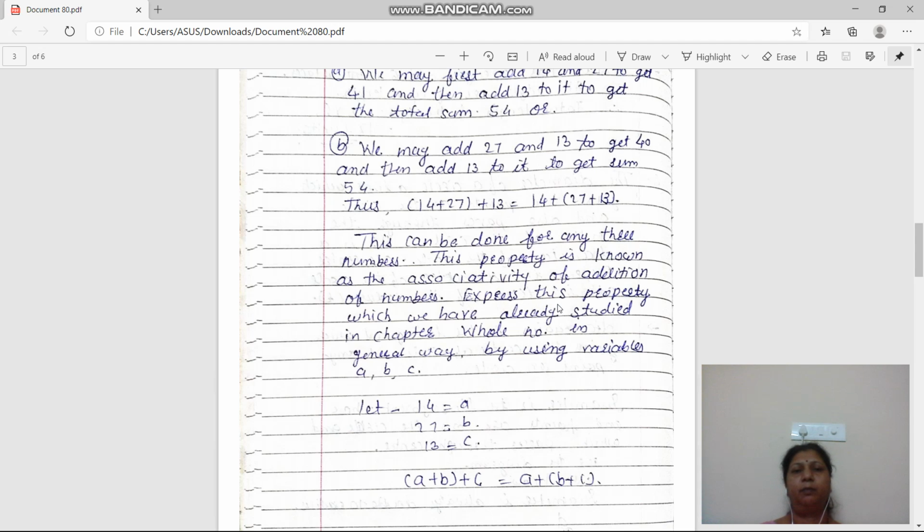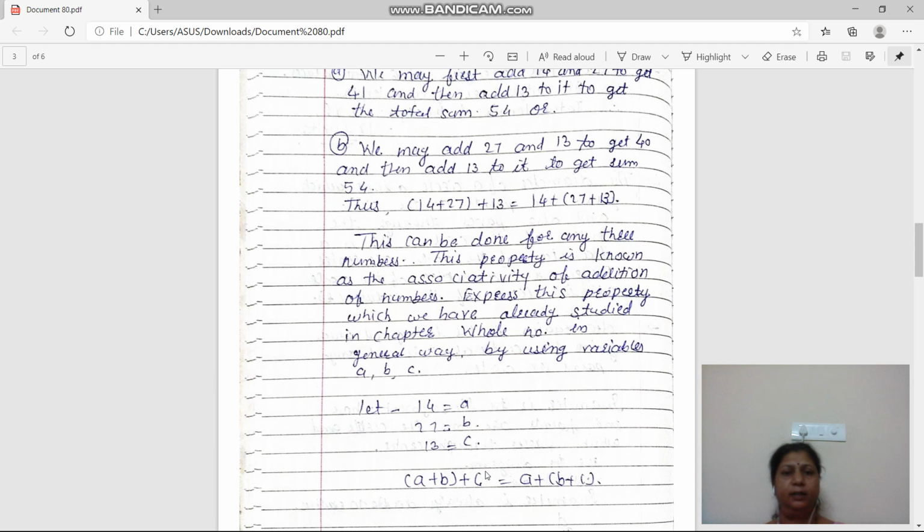Express this property, which we have already studied in the chapter whole numbers, in a general way by using variables a, b and c. Now here, instead of taking these numbers, we have to represent this law, or we can say this rule, with the help of variables.